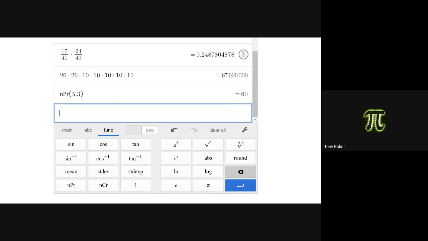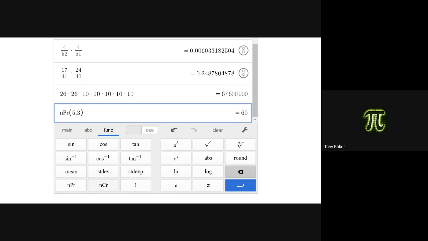Would that work with the NCR? Order doesn't matter in NCR, so I still can't do 3, 5. Okay. Big one always got to go first. They can be the same, but the big one's always got to go first, no matter what.